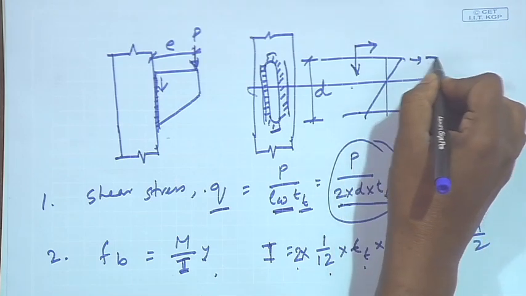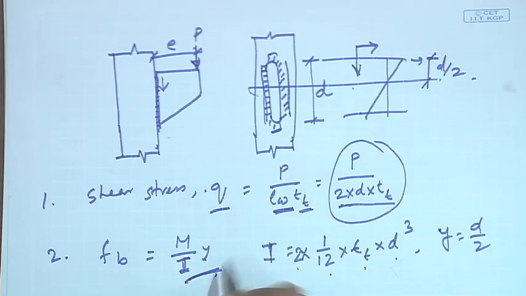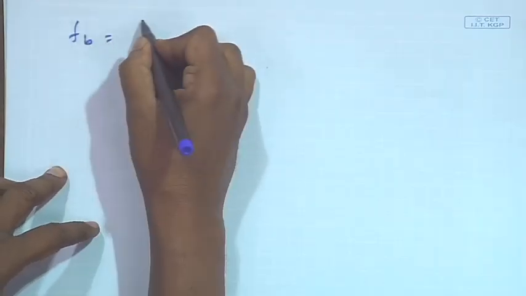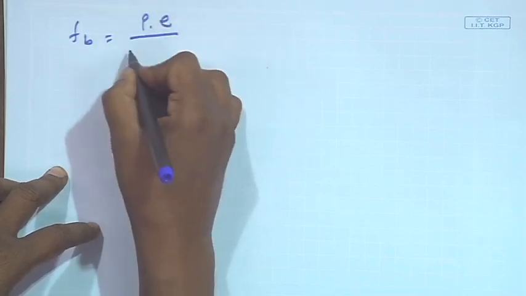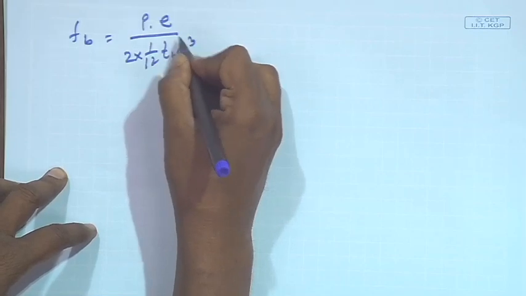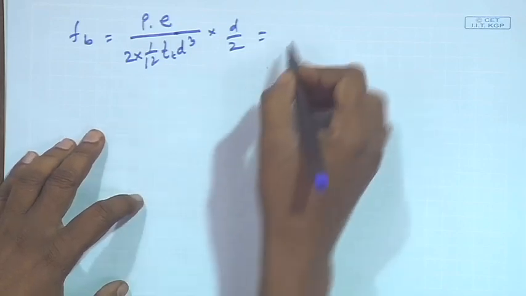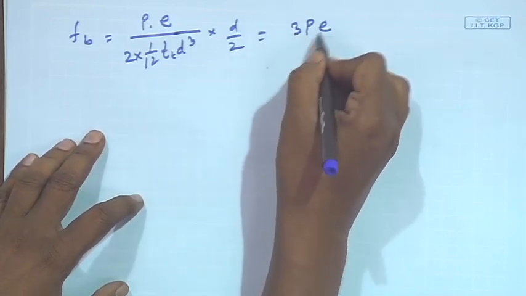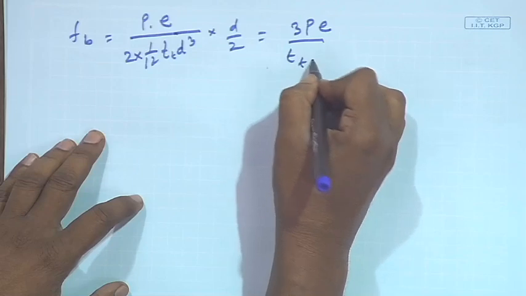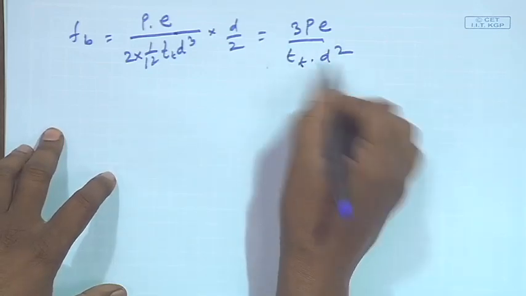If I put these values in M by I into y, then I can find out the fb value, as M is P into e, I is 2 into 1 by 12 tt into d cube, into d by 2. If we work out this value, it will be 3 P e by tt into d square, which is fb.